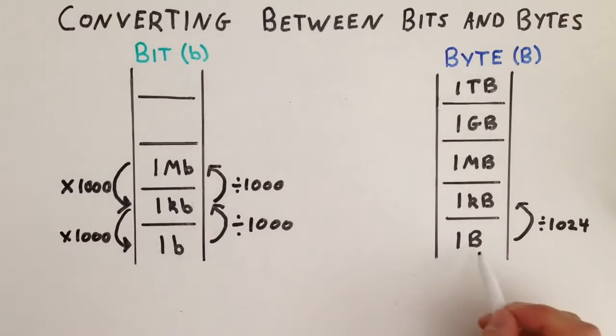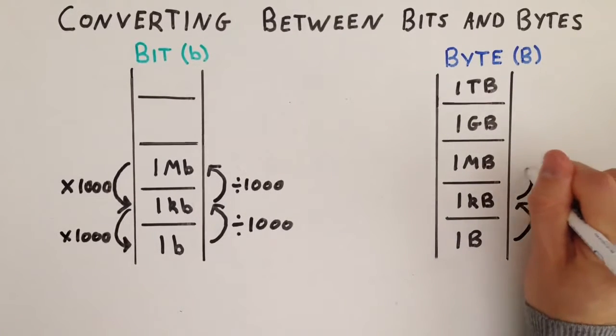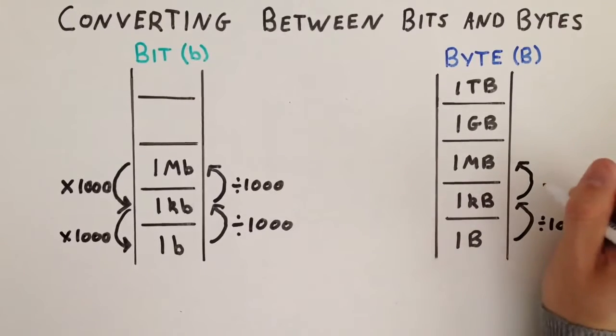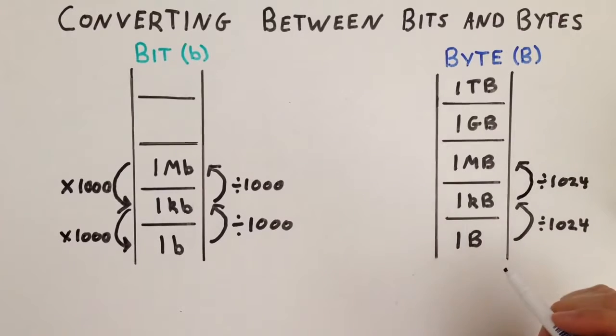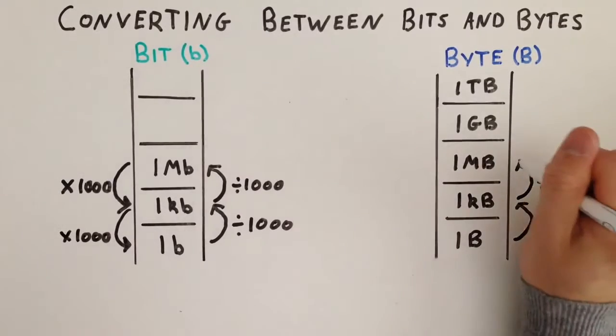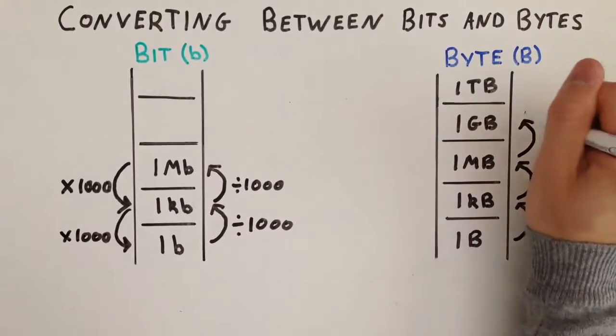So 1 byte is equal to 1 divided by 1024 kilobytes. Again, we divide going up the ladder. So 1 kilobyte is equal to 1 divided by 1024 megabytes, and so on.